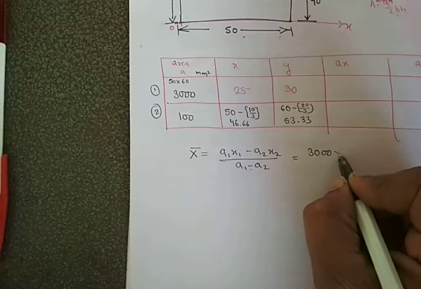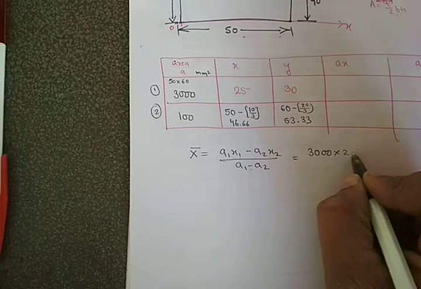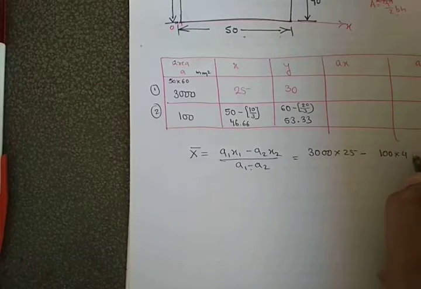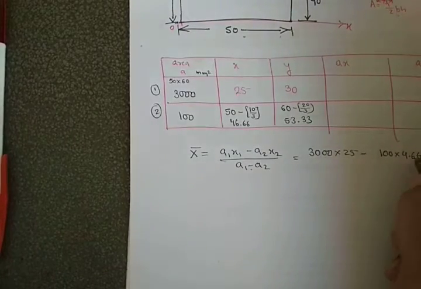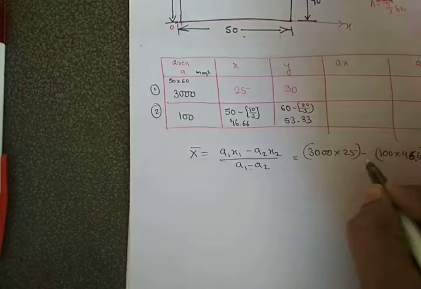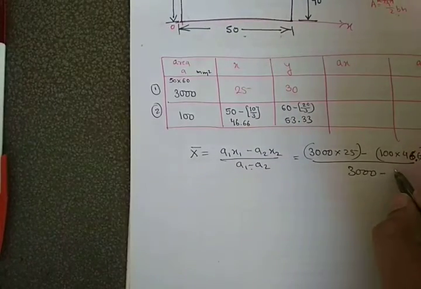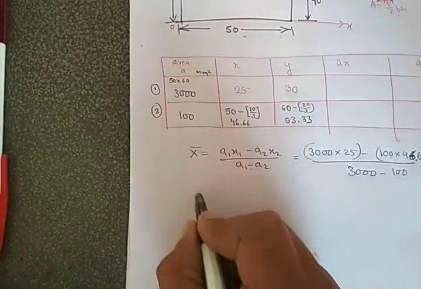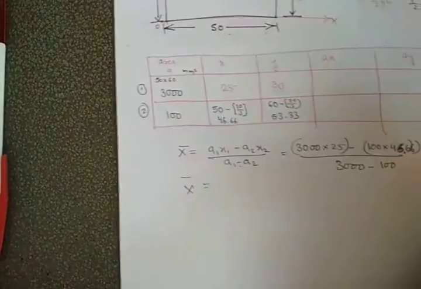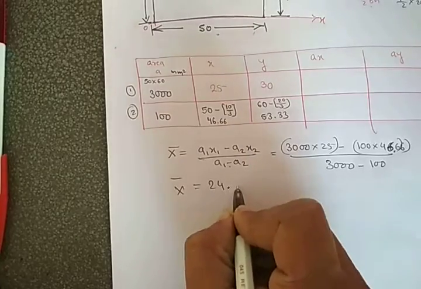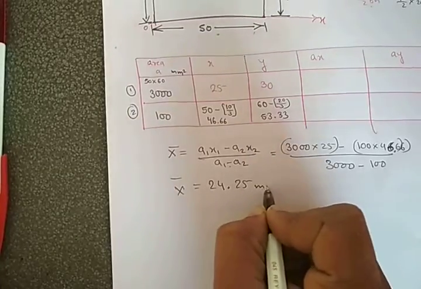A1 is 3000 and x1 is 25, minus 100 into 46.66, divided by 3000 minus 100. So x bar becomes 24.25 mm.